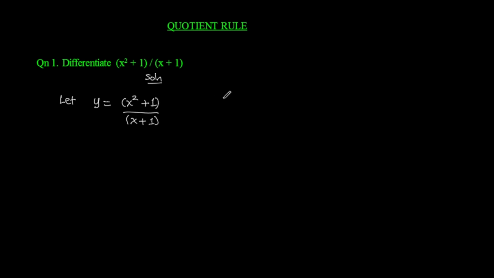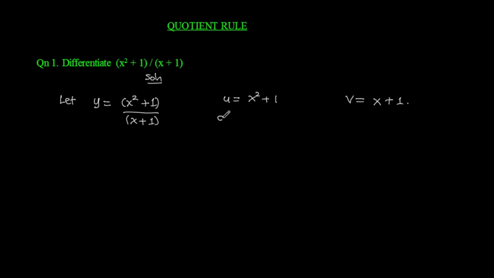Now we can see that u is going to be the upper quantity here, which is x squared plus 1, and then v is the lower or the denominator, that is x plus 1.